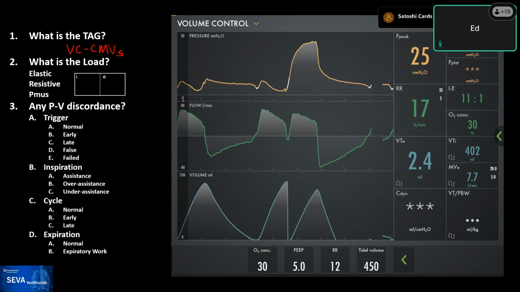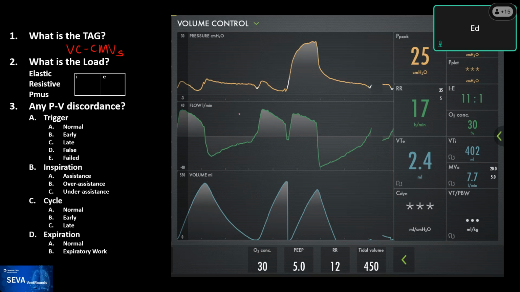Just looking at the pressure waveform, you're going to see that there's essentially no pressure waveform. It looks almost flat, except this one over here. But the flow doesn't look geometric as we're used to seeing it. This is one of the challenges for people trying to read these for the first time.